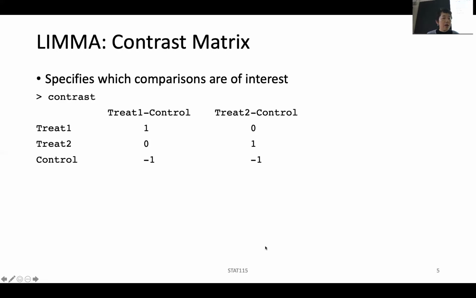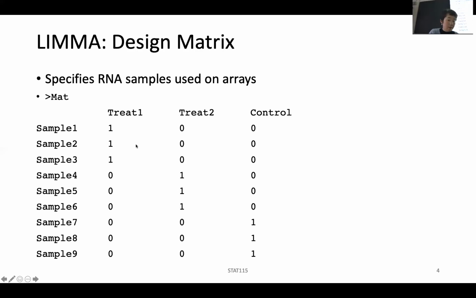And then you also need to have a contrast matrix, which specifies which type of comparisons you want to do. For example, the first type of comparison I want is to look at the treatment 1 compared to a control. And in this case, the treatment 1 will be 1, the control will be -1. And so the algorithm will already know that you're going to use these 3 samples to compare with these 3 controls.